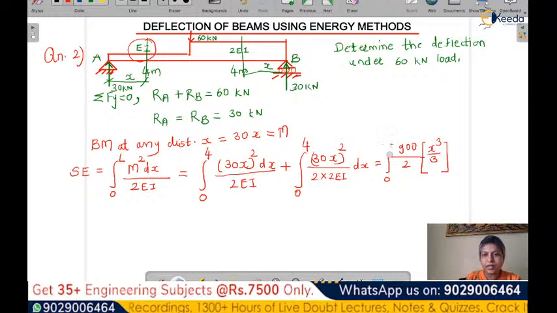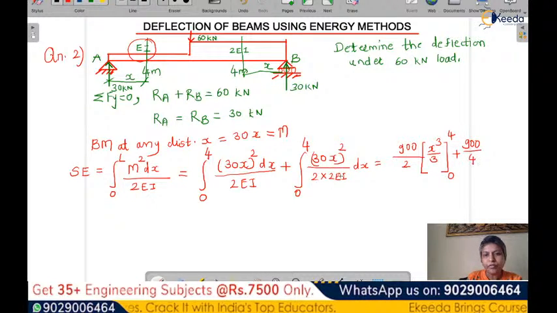Okay, so this is first part. Then let's use the second part. Again here 900 by 4, 4 will come out, and again here x cube by 3, 0 to 4.